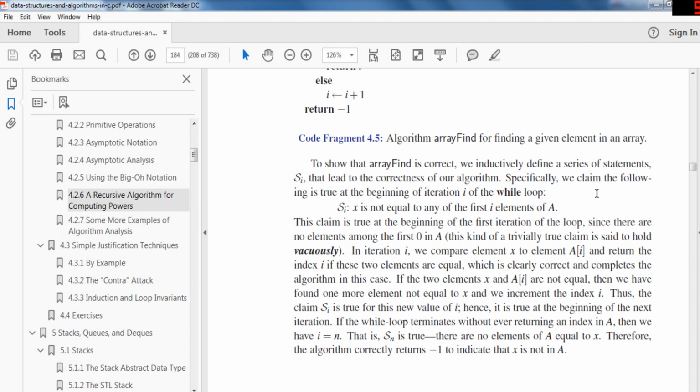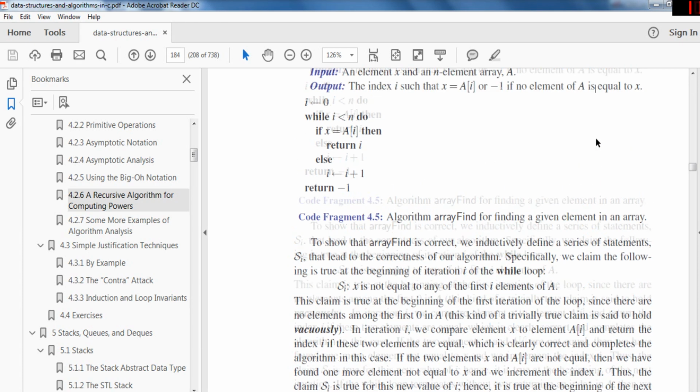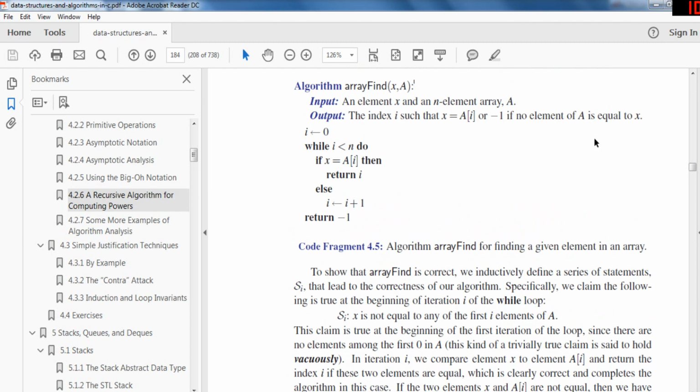So that's why it's true on the next iteration, because they already checked if it's equal or not. If it's not equal, then after the next iteration we know that x is not equal to any of the elements at our positions.